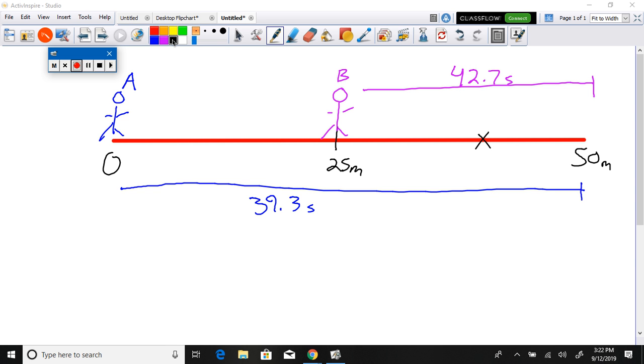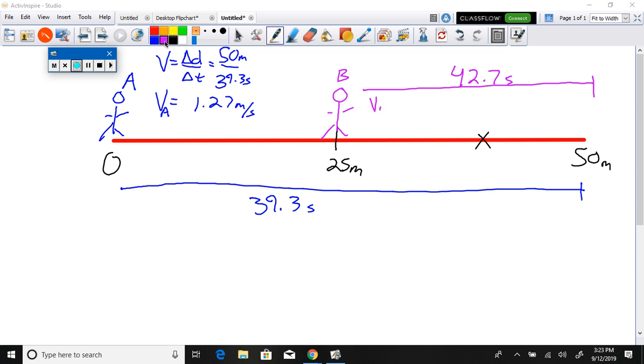Probably going to be somewhere around there, but we don't know yet. Well, first of all, we have to find the velocity of A. The velocity of A is displacement over time. If person A went 50 meters in approximately 39.3 seconds, their velocity is roughly 1.37 meters per second.